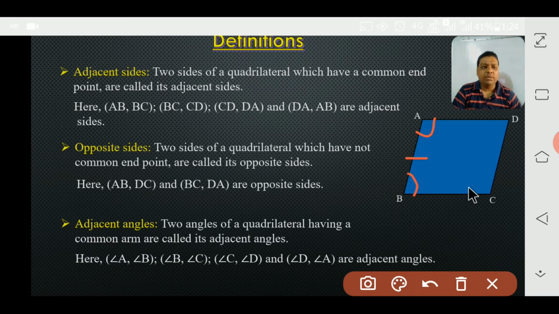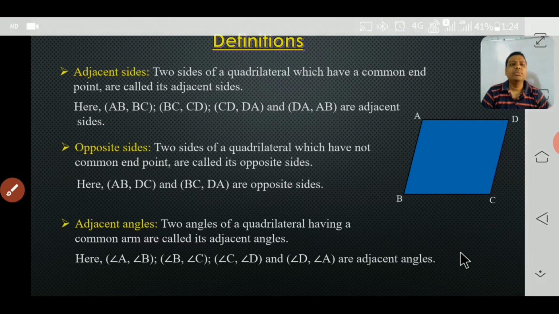Same as angle B and angle C, common arm BC. Angle C and angle D are adjacent angles because of common arm CD. Same as angle D and angle A, common arm AD.